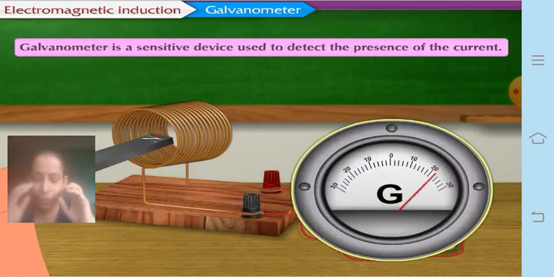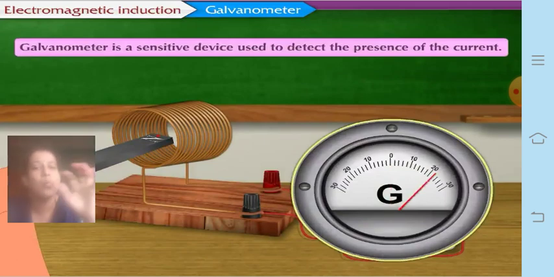A galvanometer is a sensitive device which can measure very small currents, even in milliamperes, whereas an ammeter is mostly meant for measuring larger currents. Also, the galvanometer shows the magnitude as well as the direction of the current, whereas an ammeter does not show any direction, it only shows the magnitude. So this is the difference between the galvanometer and ammeter.